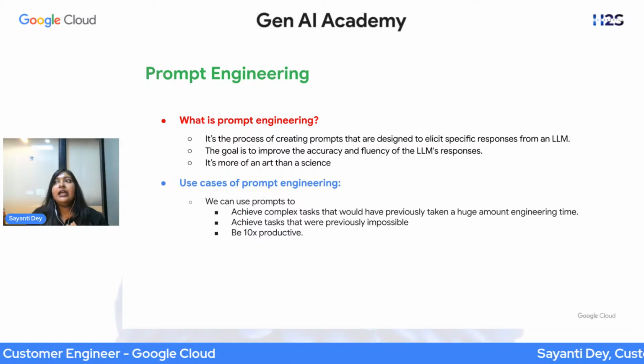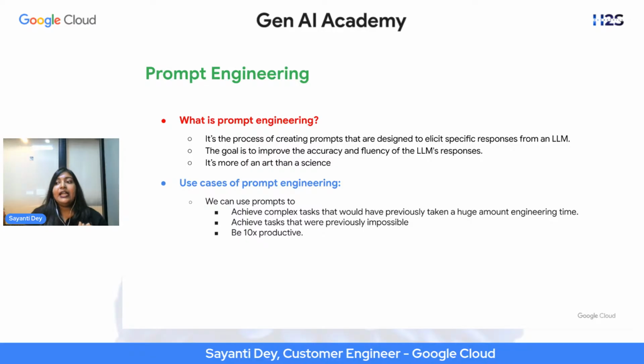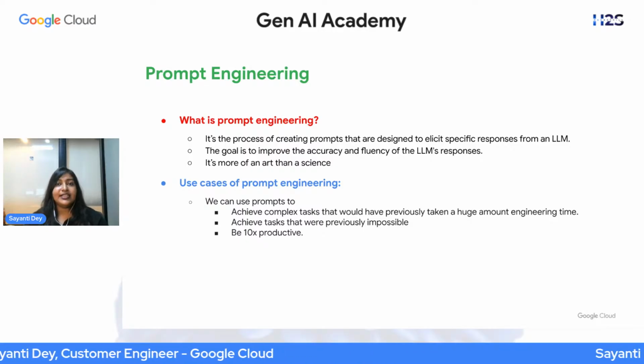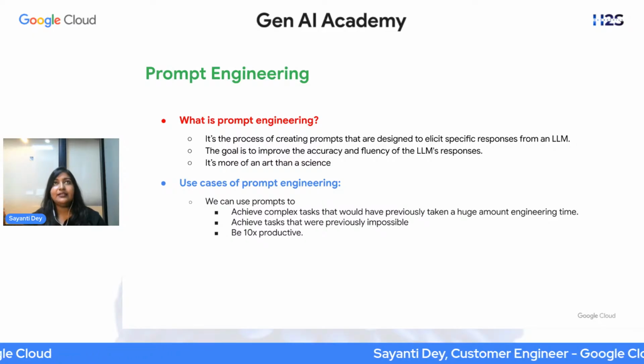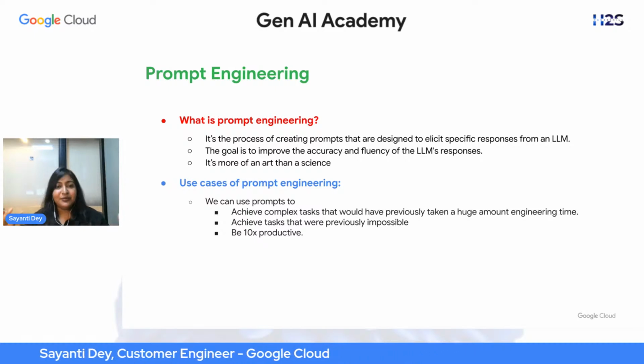So, for example, if I want my model to fill in the blank for "the cat is sitting on ___", there will be multiple probable responses. It can be the cat is sitting on a tree, the cat is sitting on a mat, the cat is sitting on, let's say, a table.